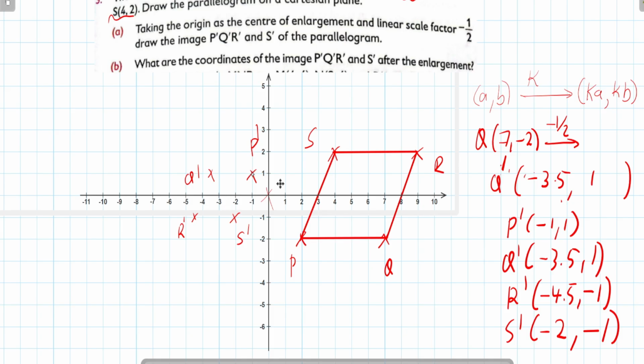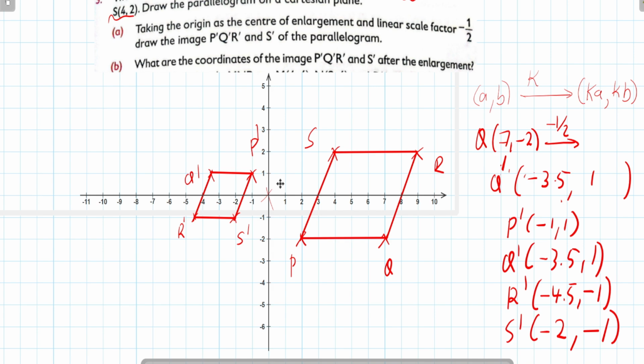So join P prime to Q prime, Q prime to R prime, then R prime to S prime, and then finish up with this one. So that is your center of enlargement.